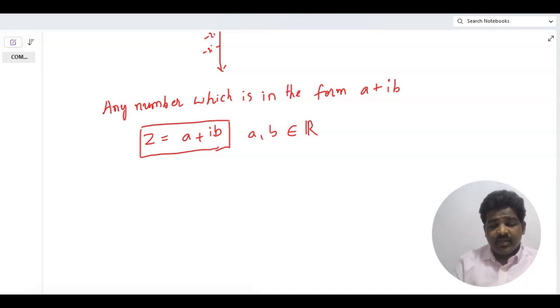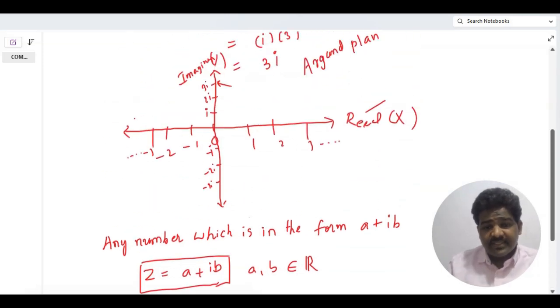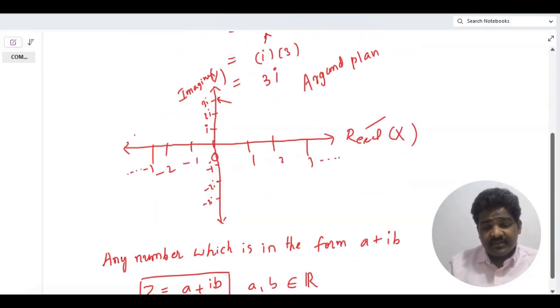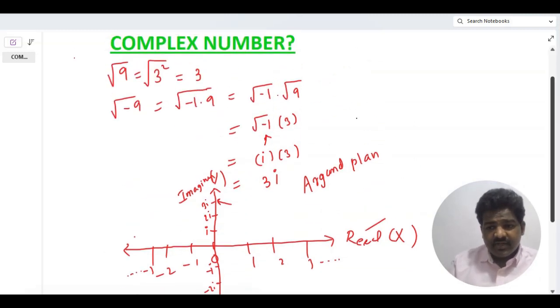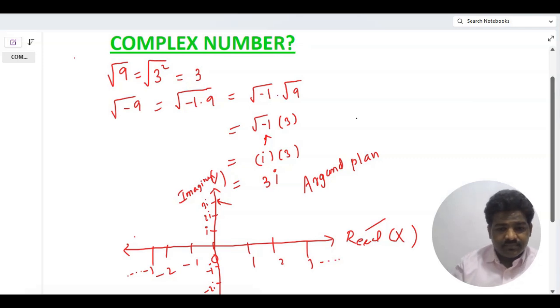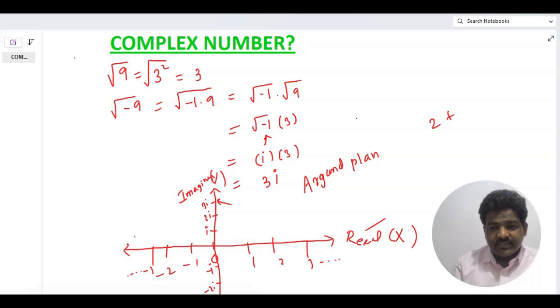Now, how do we represent a complex number on the Argand plane? Let us see one example for a complex number, for example, 2 plus 3i. How do we plot 2 plus 3i on the Argand plane?